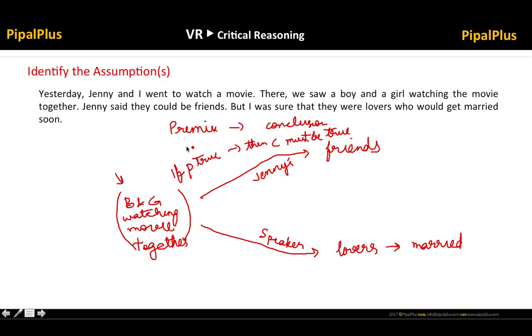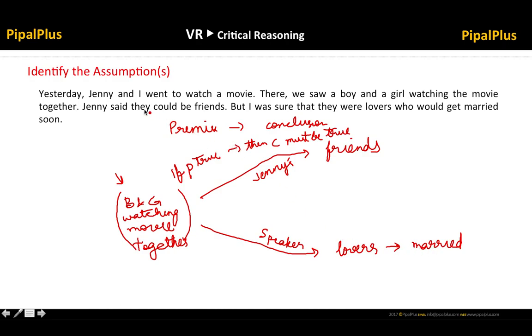Okay. Now, based on this same principle, if premise is true, then conclusion must be true, let's figure out the speaker's assumption. So speaker's assumption here becomes very clearly, if any boy and girl have come to watch a movie together, they have to be lovers who are going to get married soon.